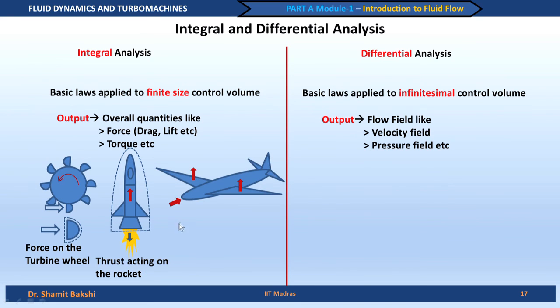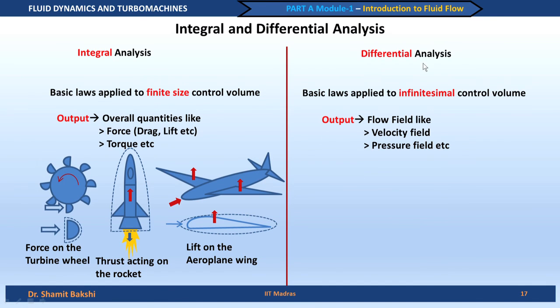Similarly, we can take the wings of an aeroplane, the aerofoil section, the flow across the aerofoil section, and find the lift on the aeroplane wing. This kind of information is definitely very useful to us. These are just three examples, and you can go on like this.